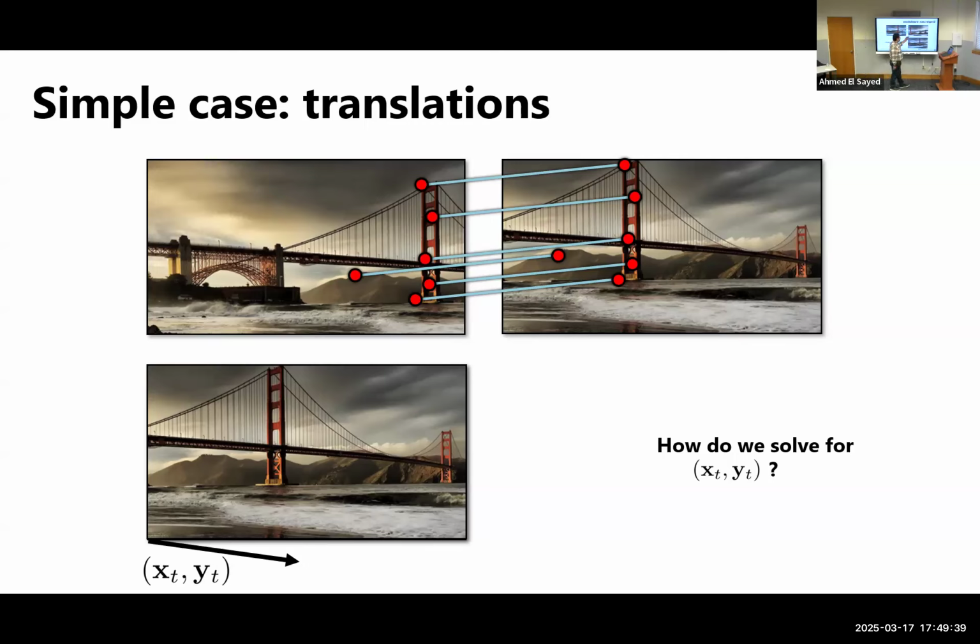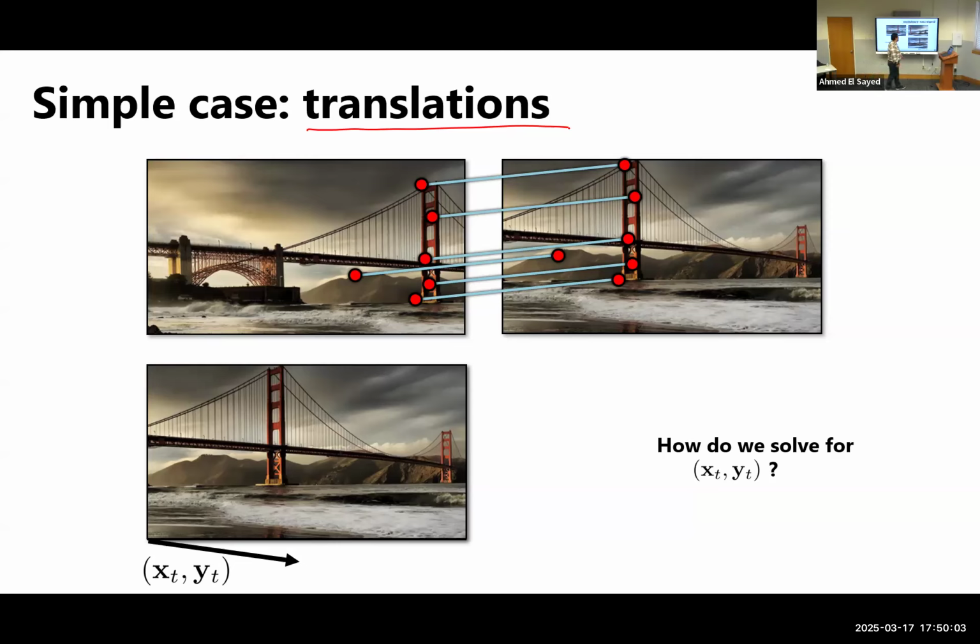And I want to find the translational transformation that moves this to this. So I know from the beginning that this will be moved to this just by translation. That's it. How can I do that?